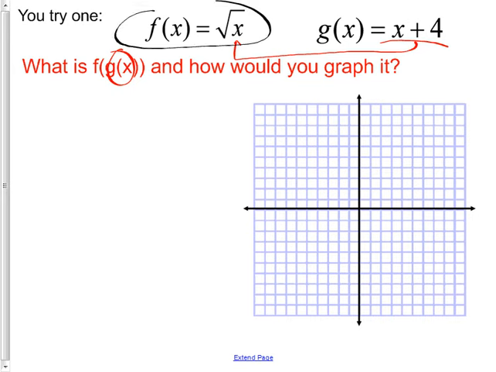All right, I'm going to take this function and write it with an empty spot. And I'm going to drop the other one in there. Empty spot. And then I'm going to put x plus 4 in there.